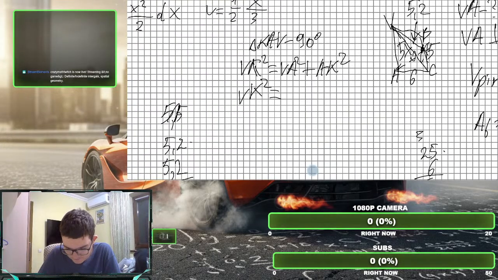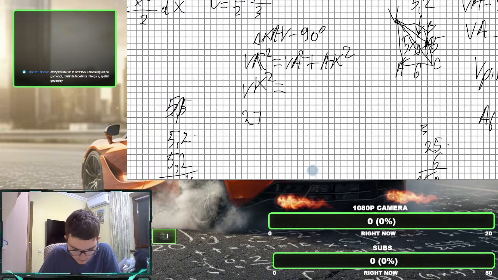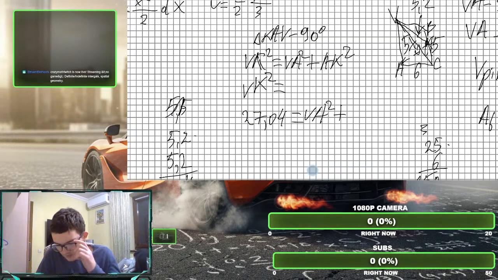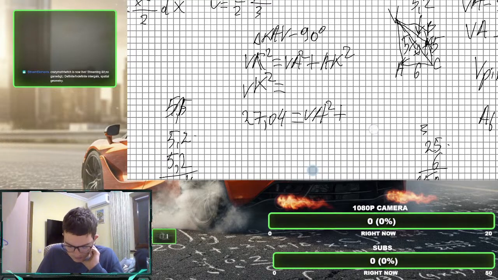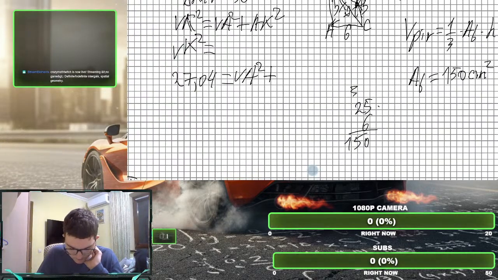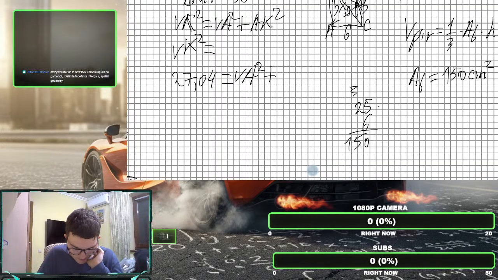So 2704 is equal with VA to the second power plus that AK we just found, which was like 4.8, right?